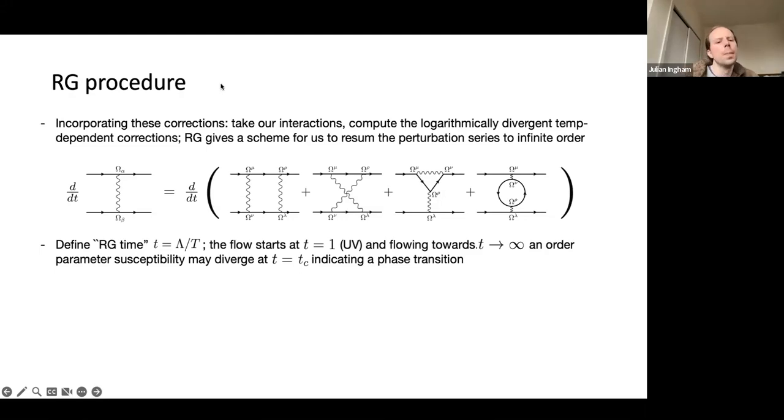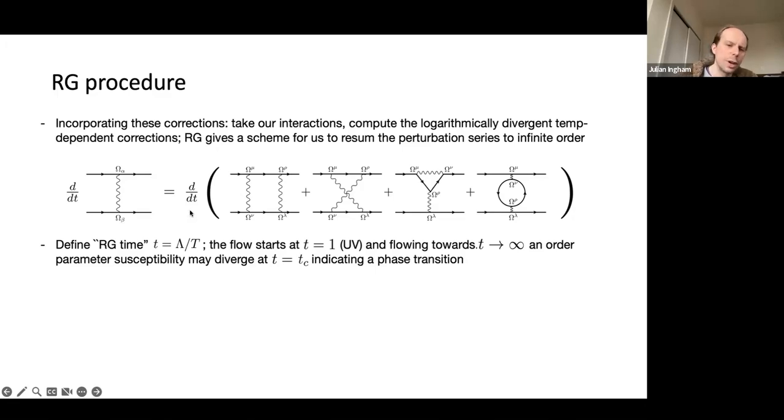Now, here we define an RG time, which is the UV cutoff divided by temperature. And so when temperature equals the cutoff, the time is 1, and flowing towards time goes to infinity is taking the low temperature limit in which these diagrams will diverge.